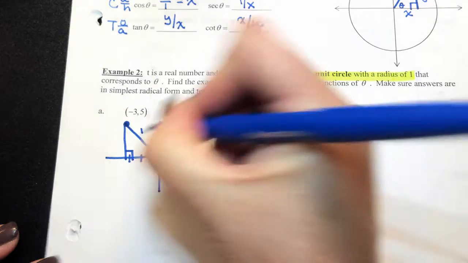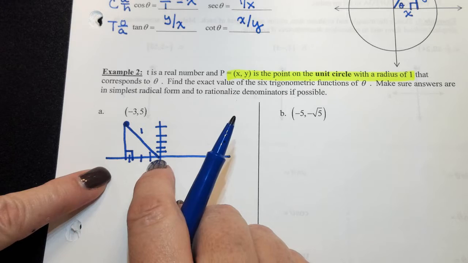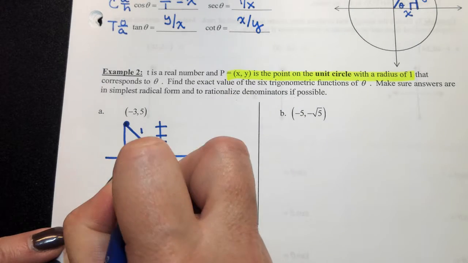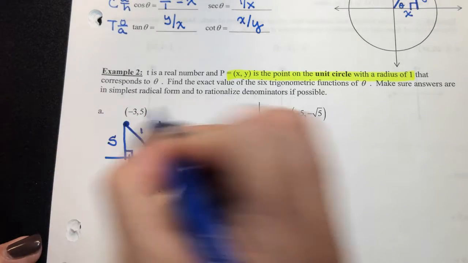Remember, the right angle is always against the x-axis. Now, I know it's been drilled into your brain, triangles do not have negative side lengths. But you are now in the coordinate plane. So because you are on the negative side of the x-axis, I'm going to label the horizontal side of my triangle as negative 3. The height is going to be 5.